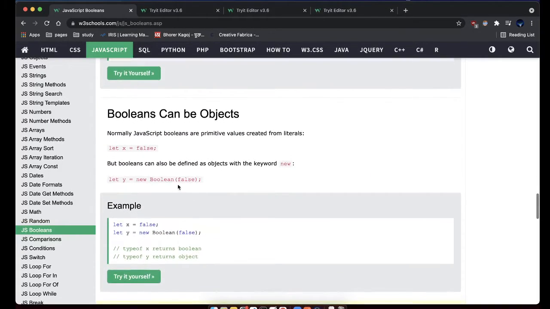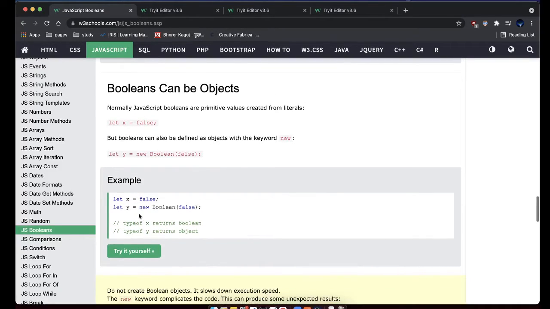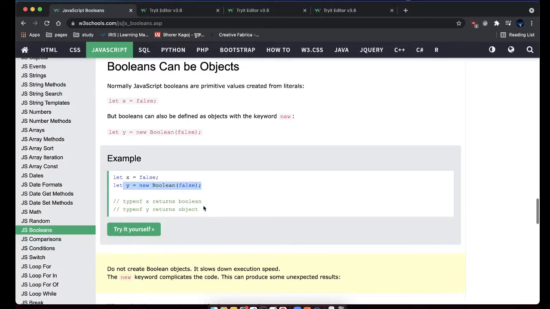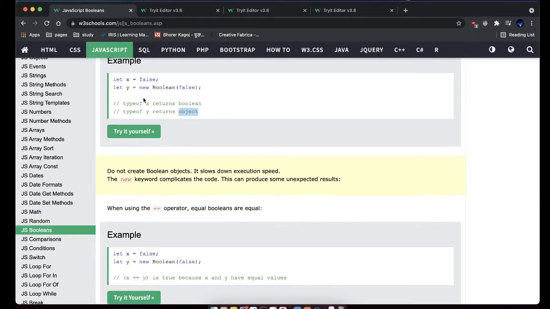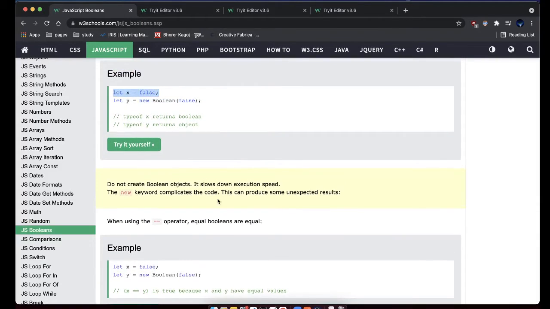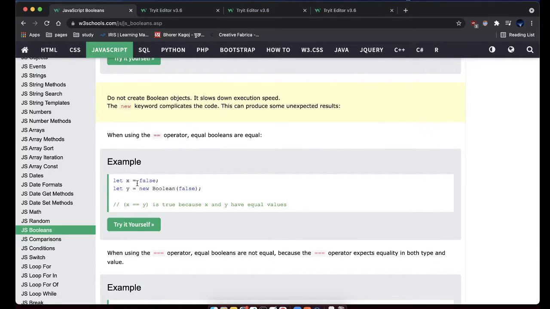If we define an object, x equal to false or something, then new Boolean can also be defined, but the value will be a Boolean object. Here if you notice, this is an object, which is also false, but we don't define a Boolean like this in normal cases. It's always recommended to define it like this: x equal to false.